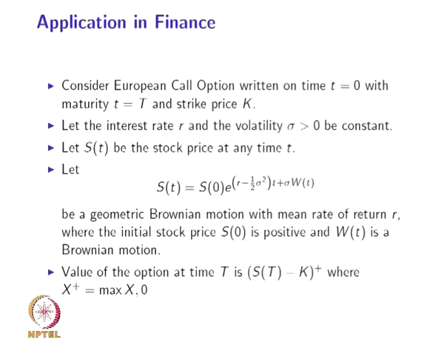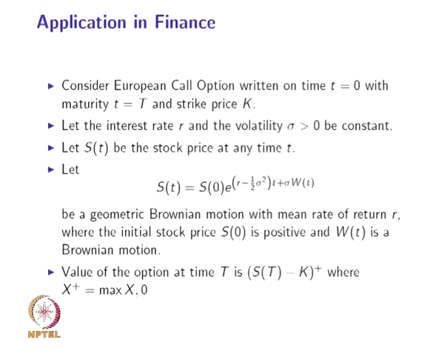This has the application in finance. Consider a European call option written at t equal to 0 with the maturity t equal to capital T and the strike price capital K. So you can choose mu as the interest rate with the notation r, and the volatility is sigma, that is a constant, and S to be the stock price.